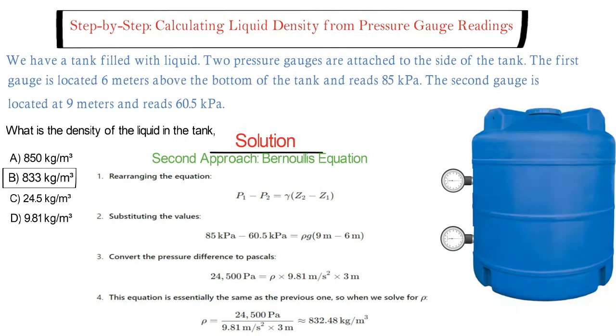The second approach using Bernoulli's equation works too, but it's more complex and better for problems involving fluid flow, not static and stationary fluid. In this case, since the fluid is static, I strongly recommend the simpler hydrostatic pressure method as the better choice.